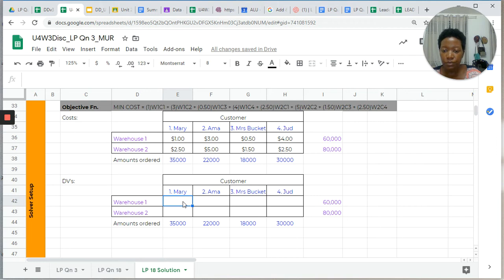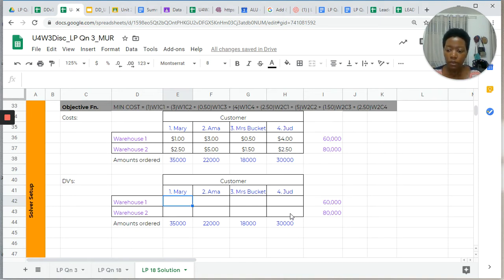So suppose I'm just going to put some made up numbers in this section. Solver will actually give us the answers to these numbers later, but for the purposes of explaining how we come up with the setup, I'm going to put numbers in there. These are dummy numbers. At the end of the question, I will take them out so that you can see how Solver then gives us the solution.